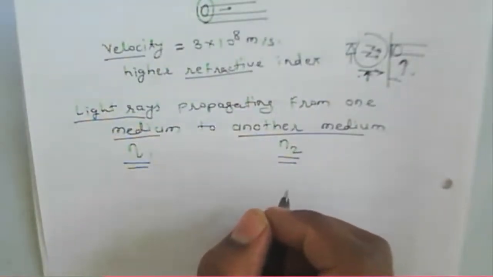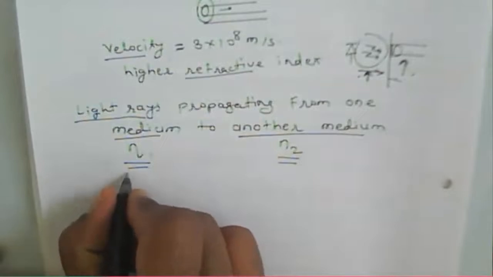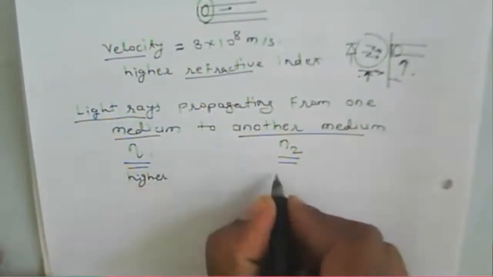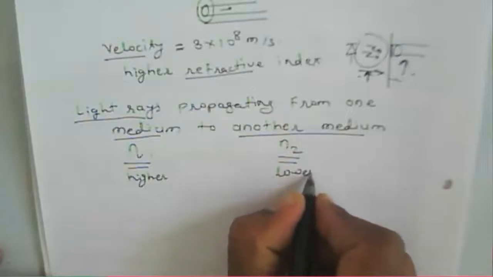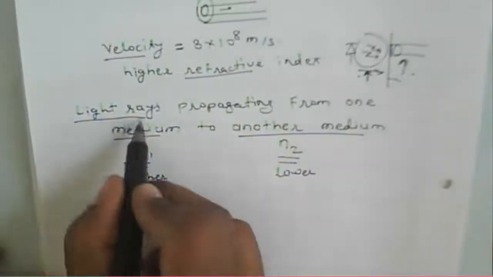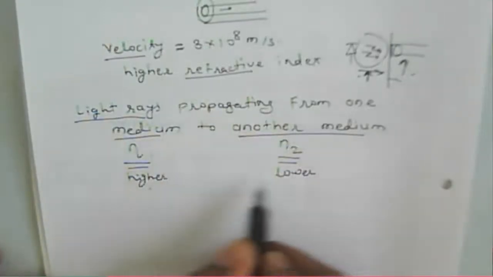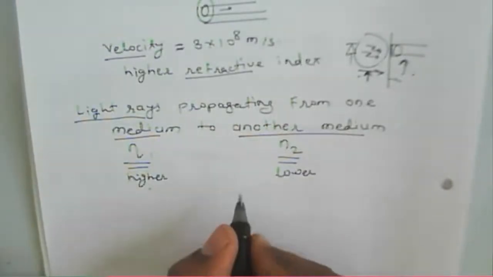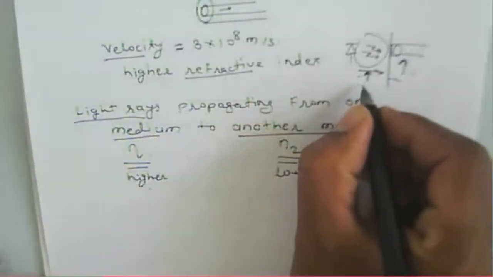Suppose n1 has a higher refractive index and n2 has a low refractive index. That means light rays are propagating from the higher refractive index to the low refractive index at the interface.